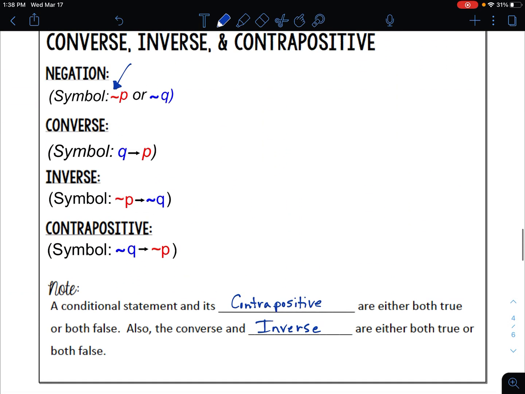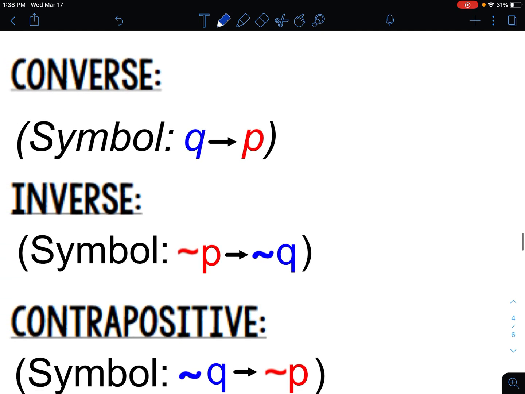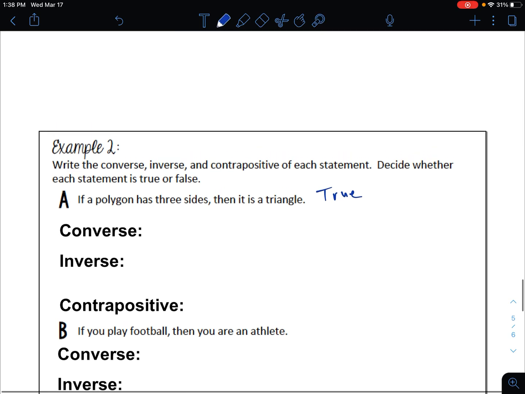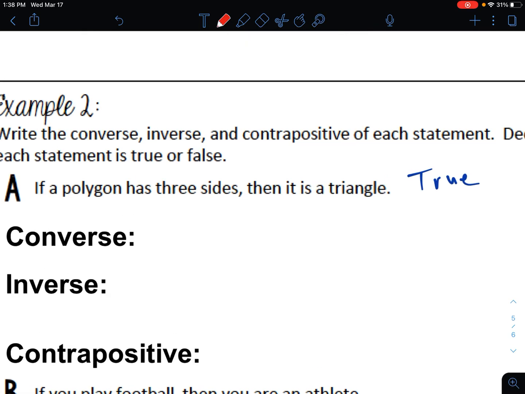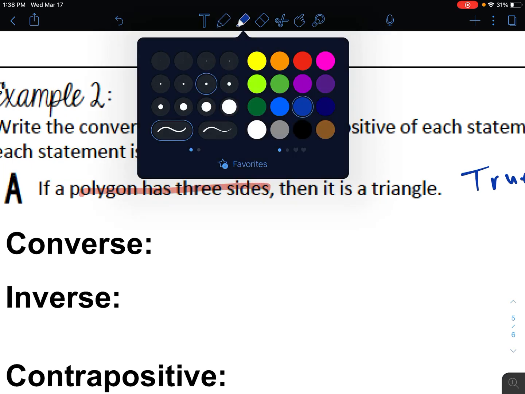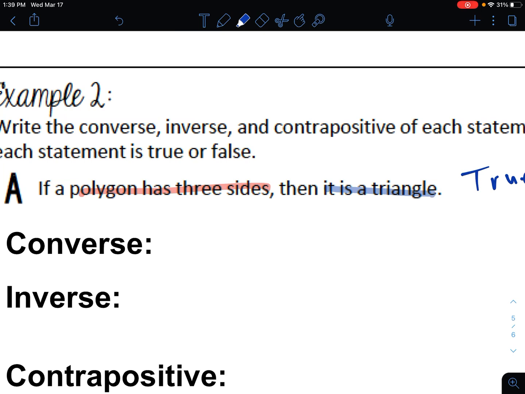The converse says to flip-flop the order in which they're written, so we write the conclusion first, hypothesis second. Here's what I like doing: highlighting. There we go. So has three sides, and then it is a triangle.